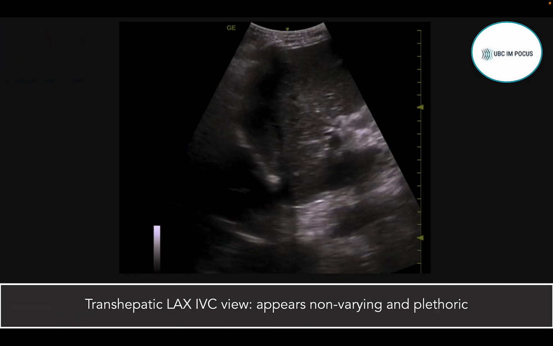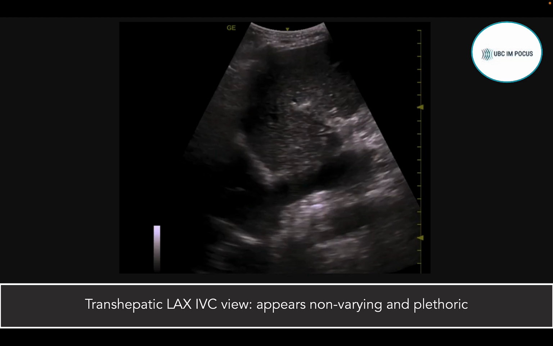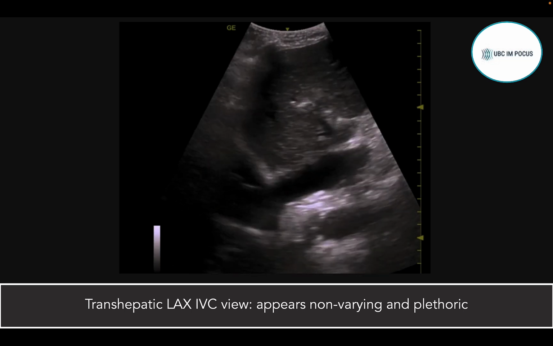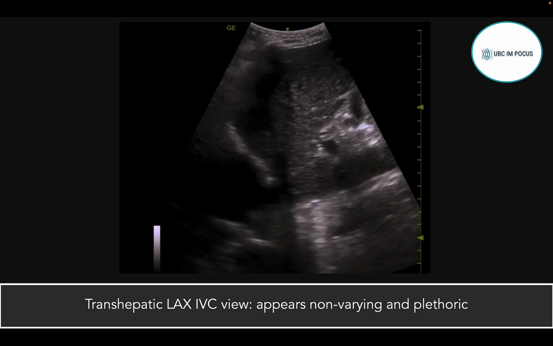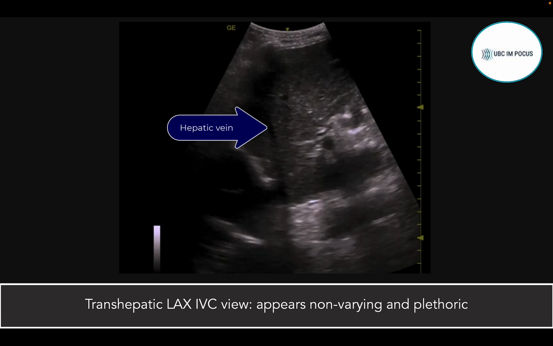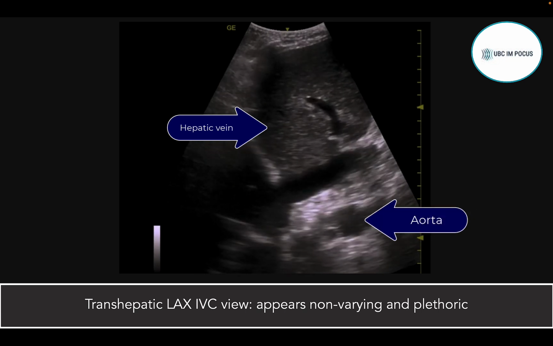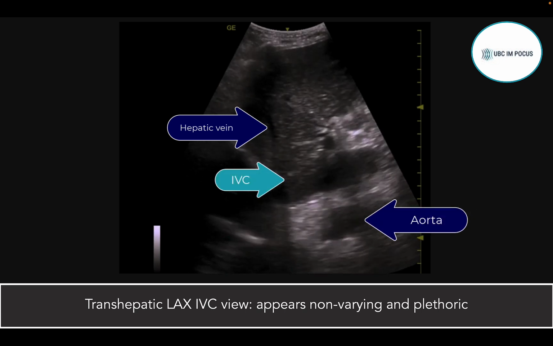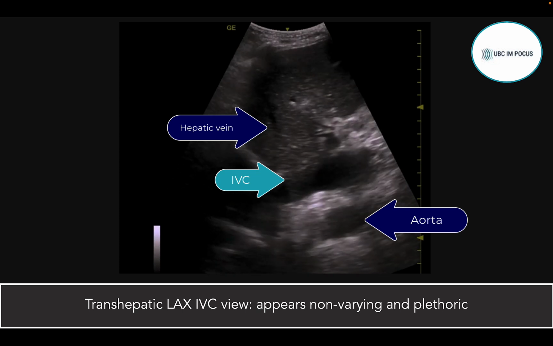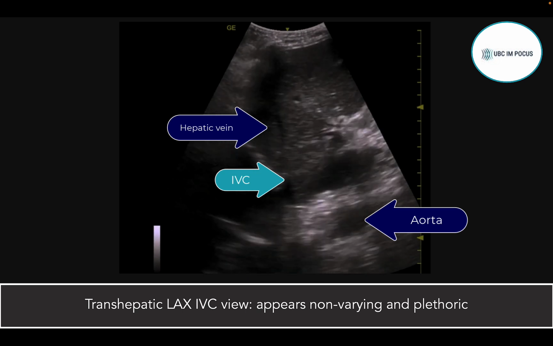This is an IVC taken from a transhepatic view, or a lateral approach in that coronal plane going through the liver. We can get a sense of right atrium. We can see some of hepatic vein in the liver there. We see a bit of aorta deep to it, and then we see IVC nicely coming through there. And this is a really nice rescue view if you can't see the IVC from a traditional subxiphoid approach.